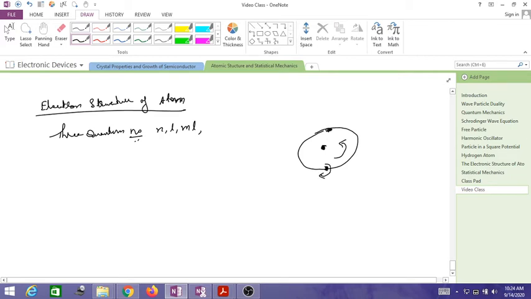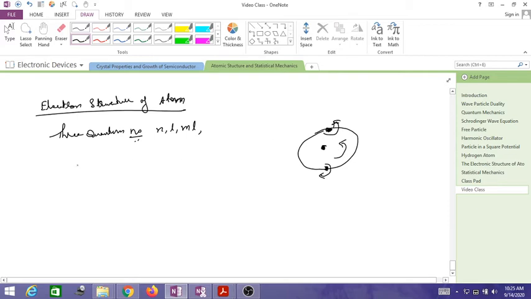According to Pauli's principle, no two electrons can occupy the same state, and they spin in opposite directions. If one is spinning in a clockwise direction, then the other will spin in an anti-clockwise direction on its own axis.